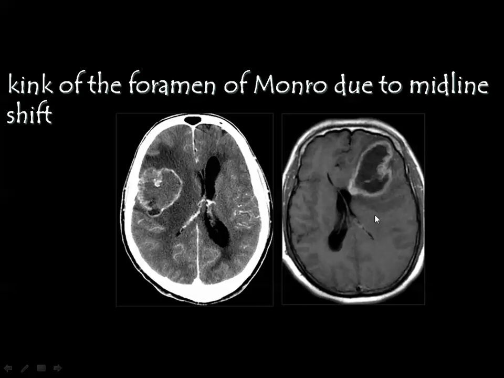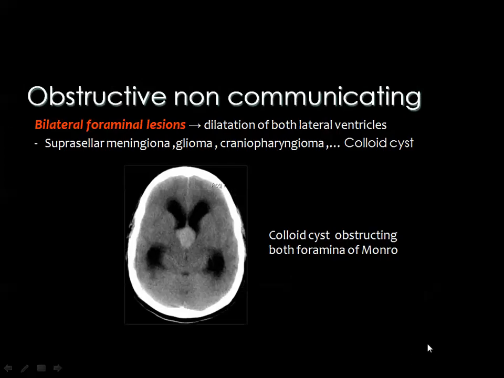And these are two examples: glioblastoma multiforme in the right hemisphere and another one in the left frontal lobe. There is marked compression of the ventricle, shift of the midline structures, and the contralateral ventricle is dilated due to kink of its foramen of Monro.